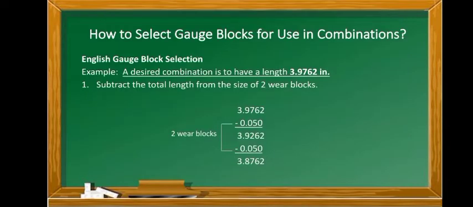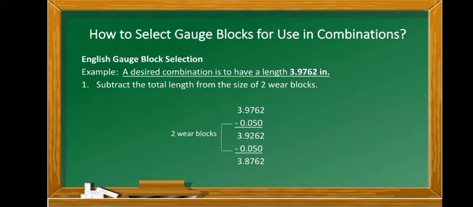So 3.9762 minus 0.050, the first wear block, equals 3.9262, minus 0.050, the second wear block, equals 3.8762.